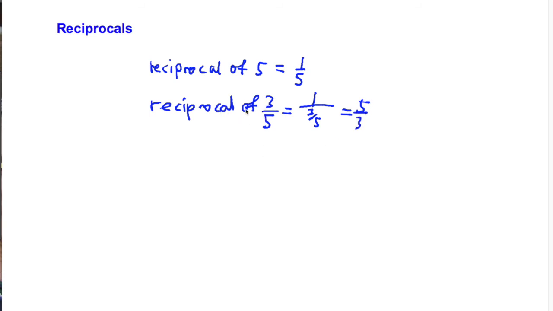Therefore, the reciprocal is found by inverting the fraction. We use reciprocals to show inverse proportions because when we put the quantity in the denominator, when this quantity increases, the whole fraction will drop in value. This causes an inverse effect, which we will use in the next part of the lesson.